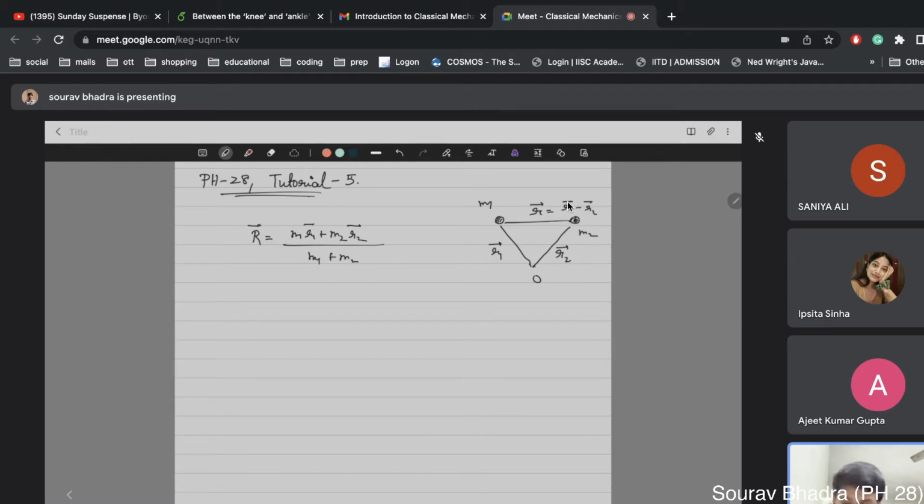This you have already seen, and we have also defined a quantity mu, which is called the reduced mass. Using these two things, the capital R and the reduced mass, we can reduce a two body problem into a one body problem with a mass mu.